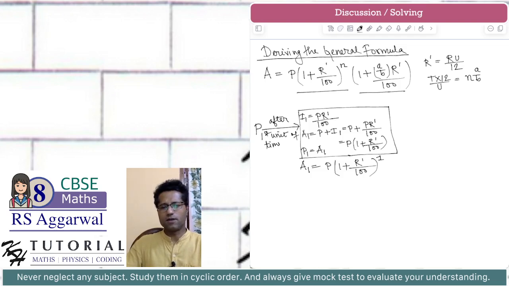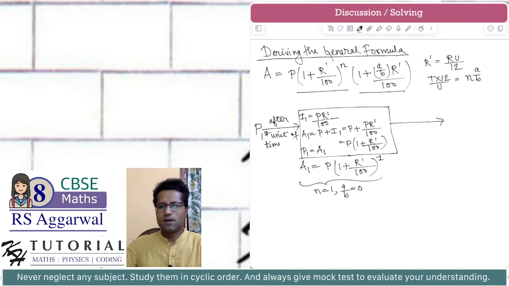Now let's see what happens after another complete unit of time, that is n equals to 2. This result is for n equals to 1 and a by b equal to 0.